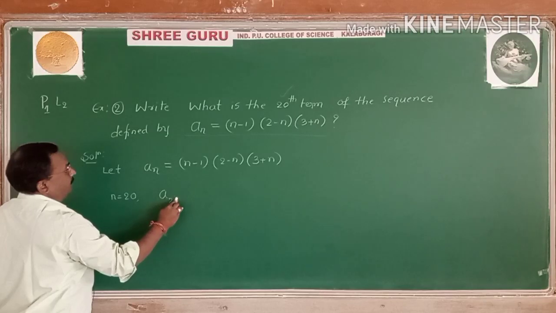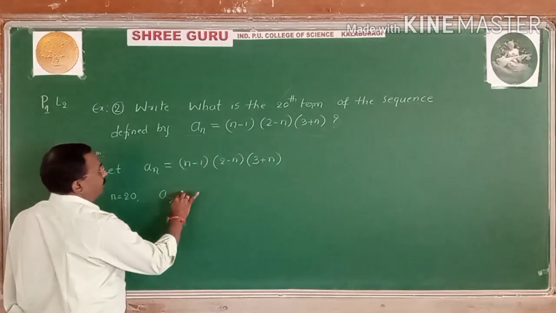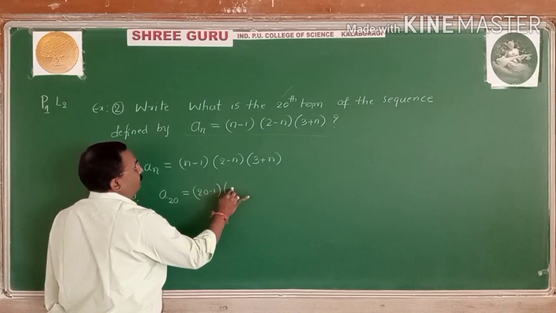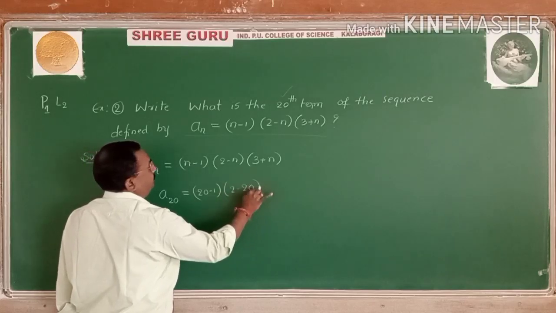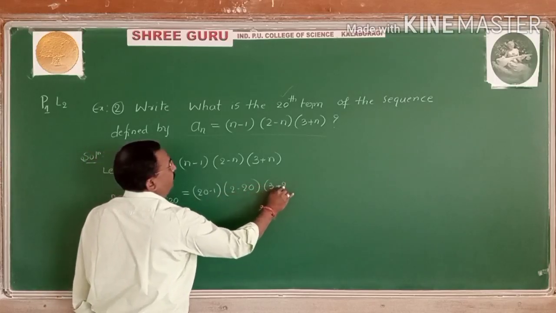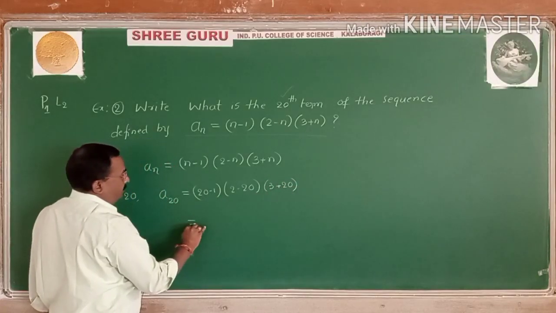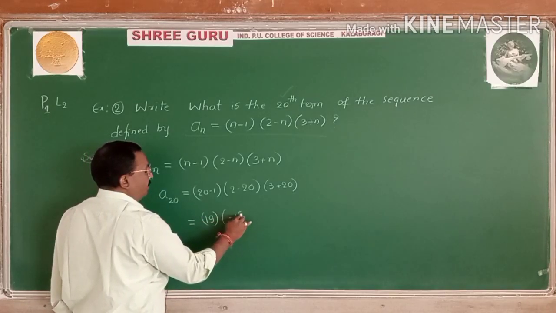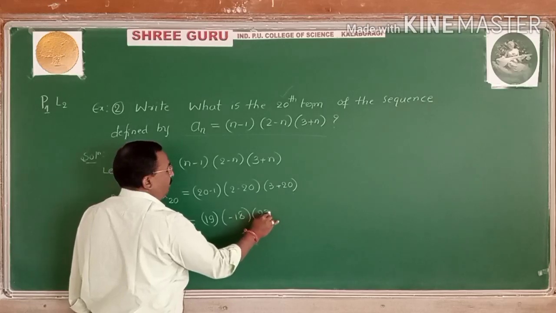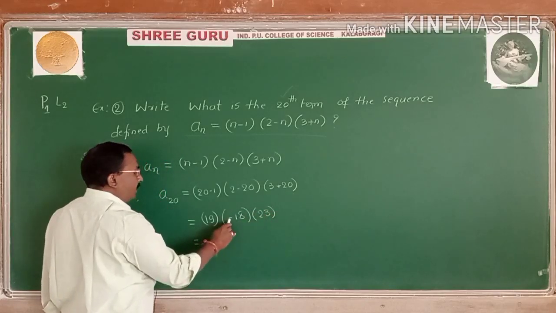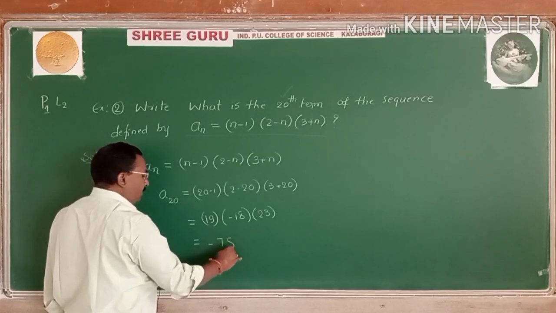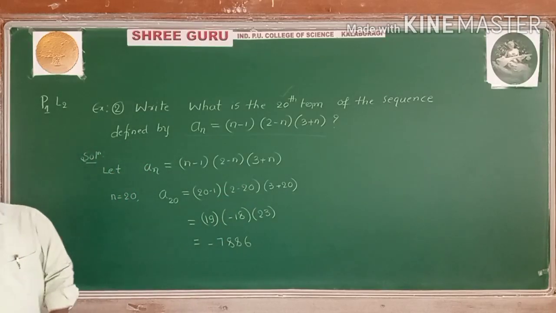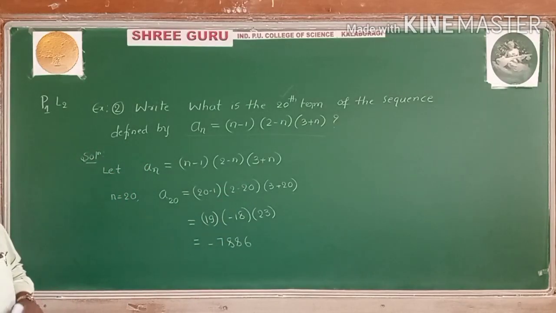A20, the 20th term: (20 minus 1)(2 minus 20)(3 plus 20) is equal to 19, minus 18 and 23. The product of these values, with the negative, is minus 7,886. This is the value.